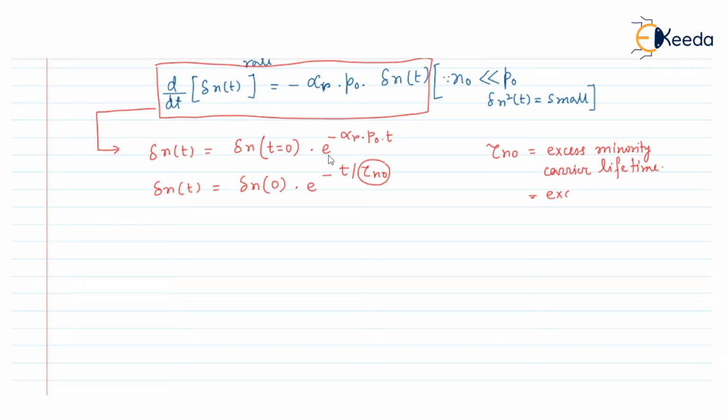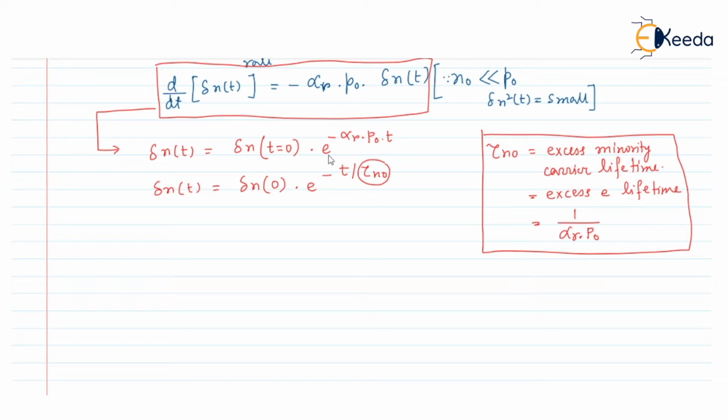So I am writing excess electron lifetime, and this excess electron lifetime is nothing but 1 by αr into p0. So this is the lifetime of the excess electrons that have been generated due to the incident of light.